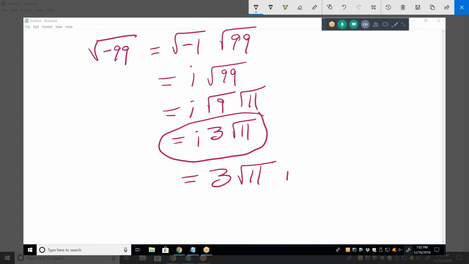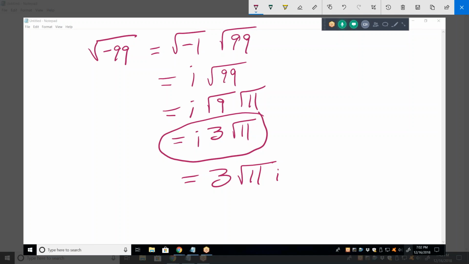The only thing you have to be careful about is to not put that i so close that nobody will be able to tell whether it's under the radical sign or not. It is not supposed to be under the radical sign. Notice I left a little bit of space. But had I done this, now you can't tell whether the i is by itself or if it's under the radical sign.